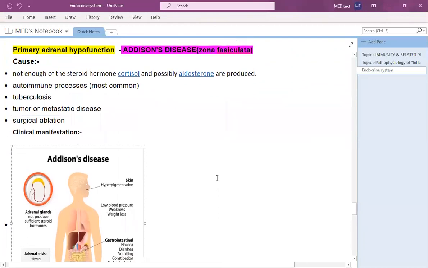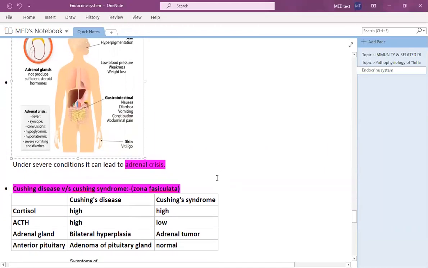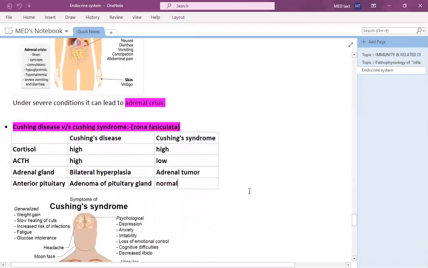Now let's compare it with another pathology that is called Cushing's disease and Cushing syndrome. These two are very similar in name, and students get confused between them, but I'll make you understand very easily.